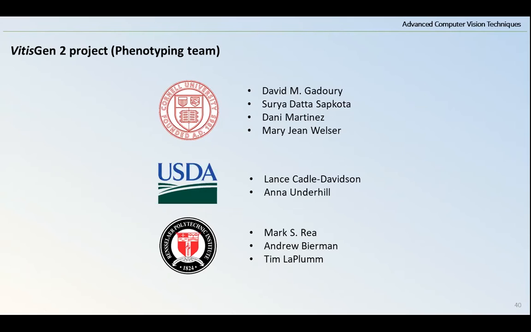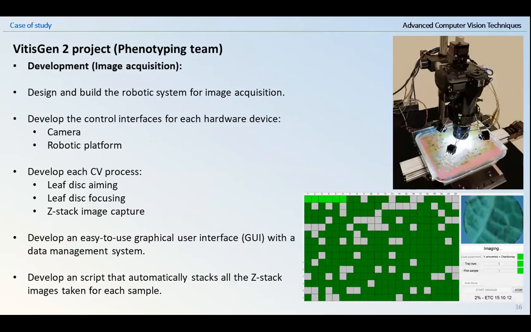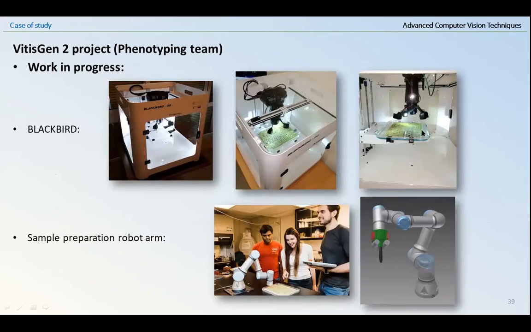That's a nice question. So we first started addressing the powdery mildew problem by using this first version robot, but now we are developing the Blackbird, which is capable of imaging any kind of biological samples that has a maximum size of 1 centimeter wide.